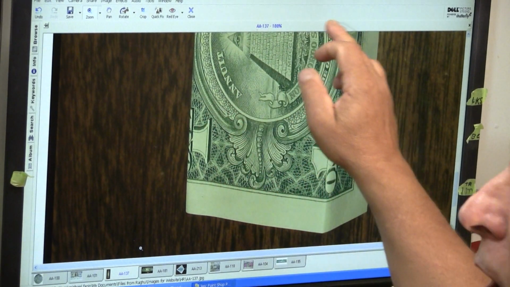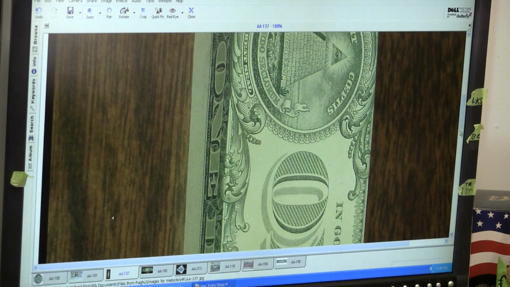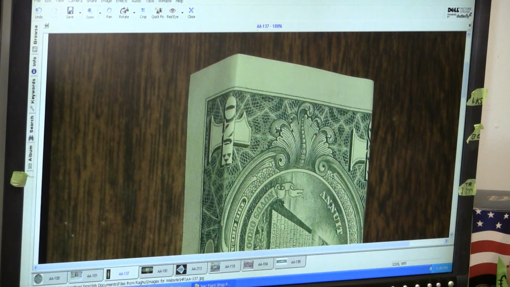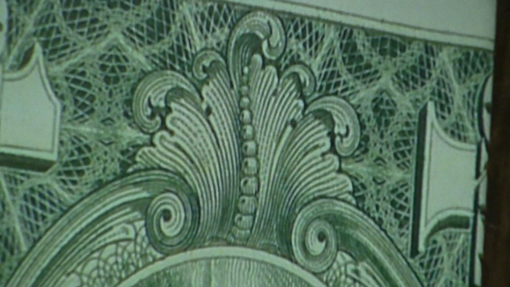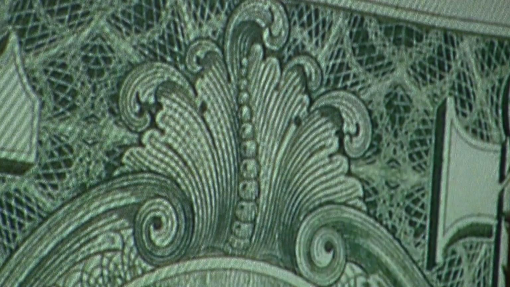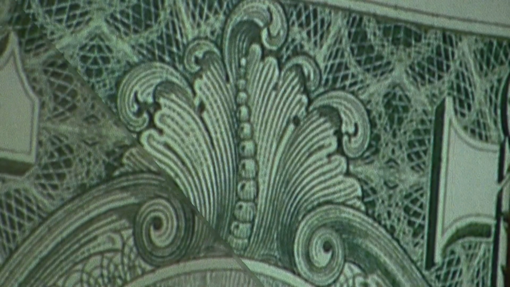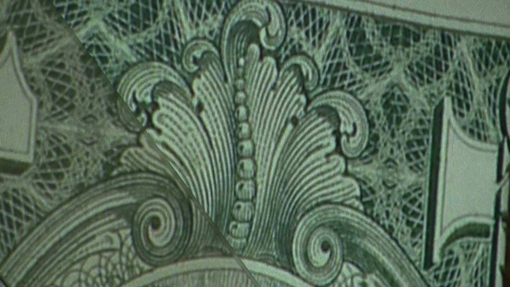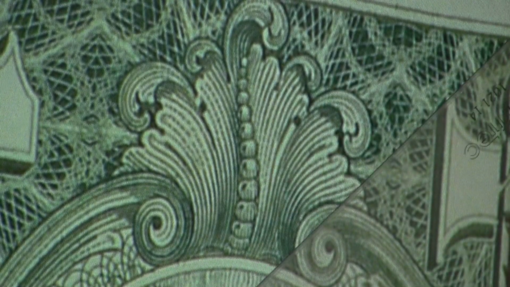Now, one more thing I want to show you is that when we turn this bill 180 degrees, what it appears to be is in fact two different faces that are facing upwards on a 45-degree angle, facing up this way, and a 45-degree angle facing up this way.